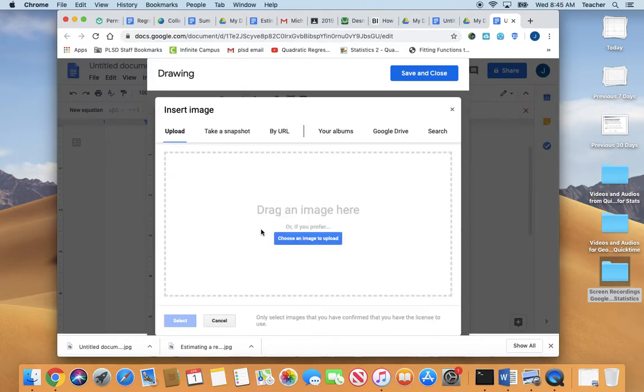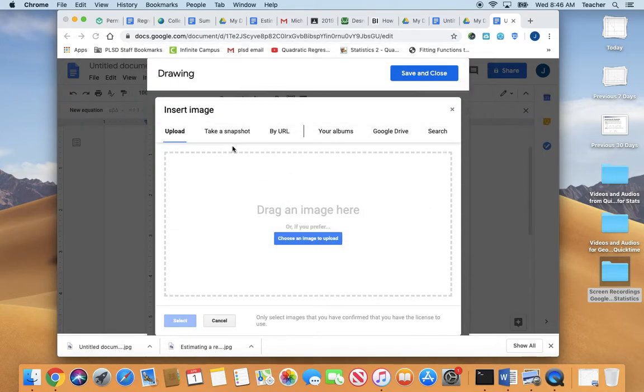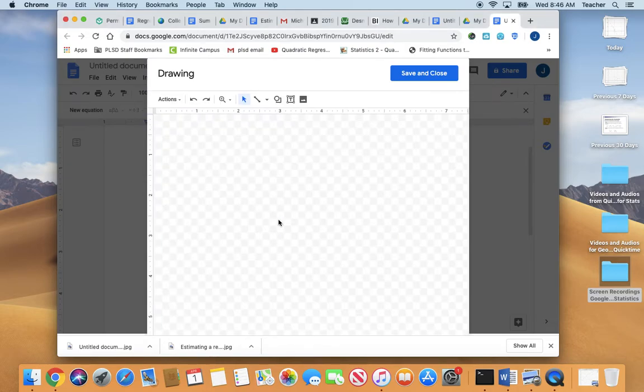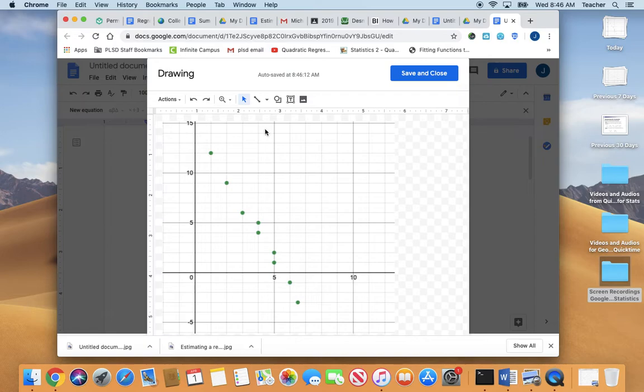So I'm going to choose an image here. So this looks like the screenshot that I just took. Okay, so this is the screenshot that I just took from Desmos.